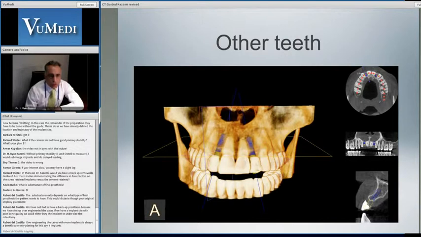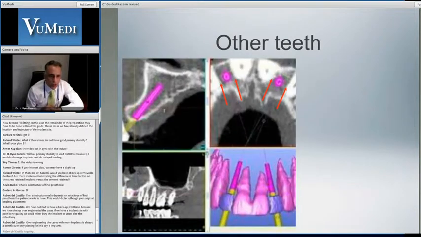So we're going to take a little closer look, and we see that if we place a 3 millimeter implant in the given space, we have quite a bit of space between the teeth and the surface of the implant.